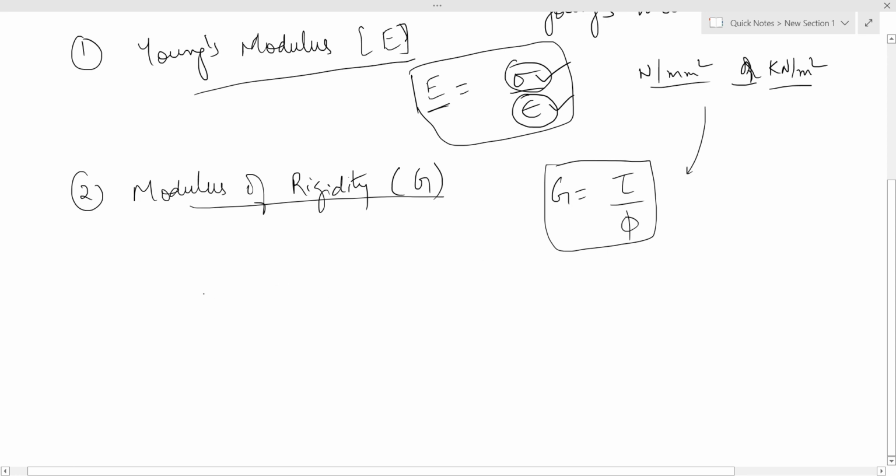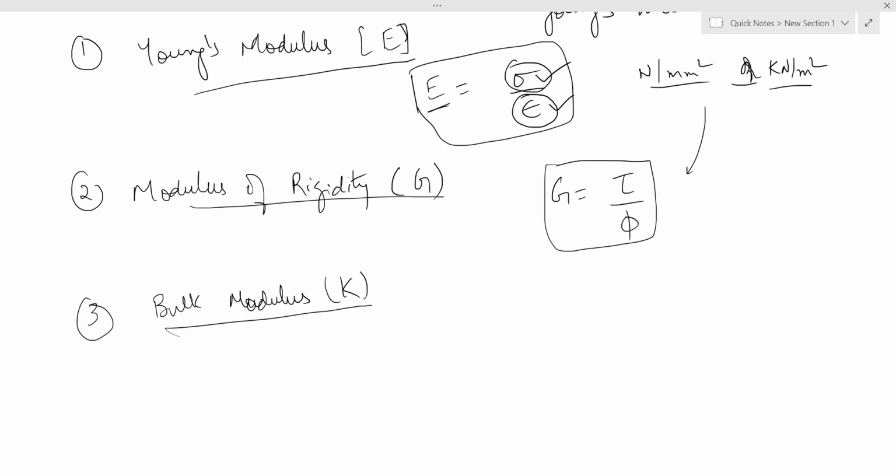The third modulus is bulk modulus. It is denoted by capital K. In the last lecture, we have studied volumetric strain. In that case, when we consider the ratio of the direct stress with respect to the volumetric strain, then it is known as bulk modulus.